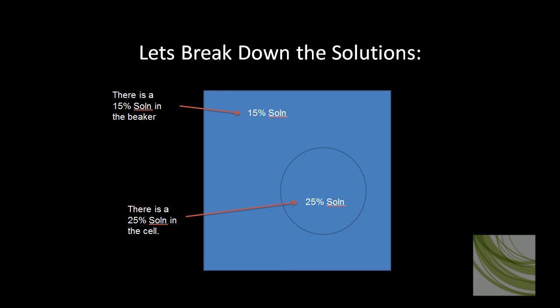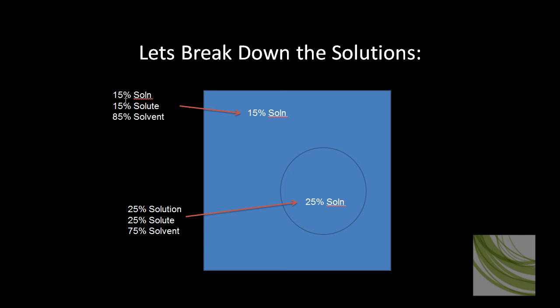The first step to answering questions about this problem is to break down the solutions. If we break down the solutions into their solute and solvents, that will allow us to compare and determine which solution is hypertonic or hypotonic, and which way different solutes or solvents will flow depending upon the condition of the plasma membrane of the cell.